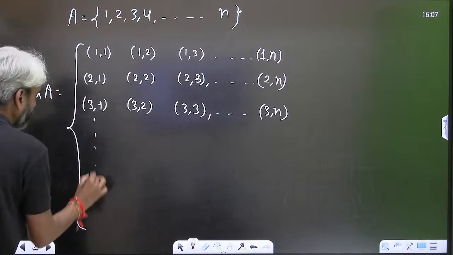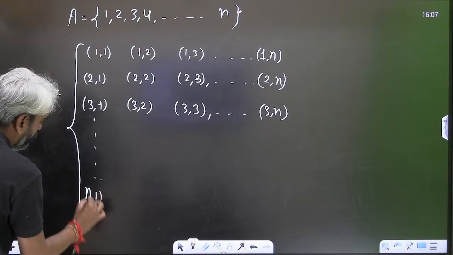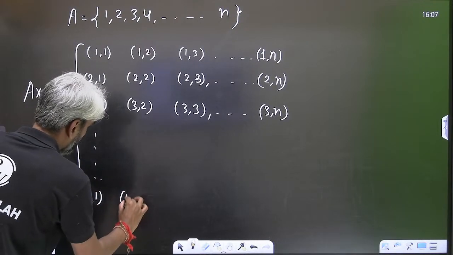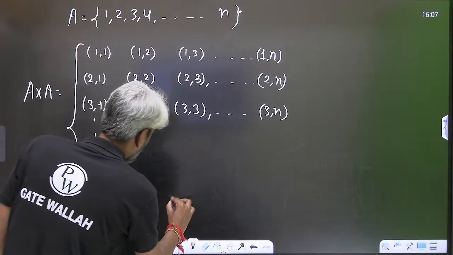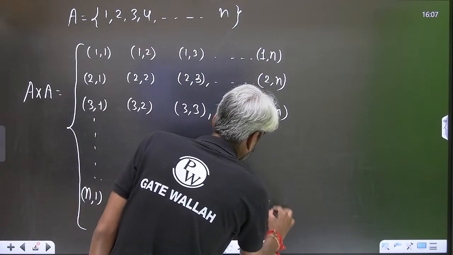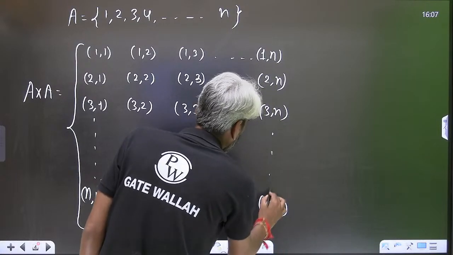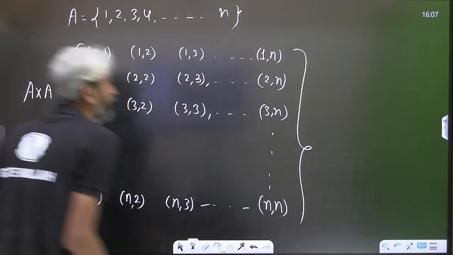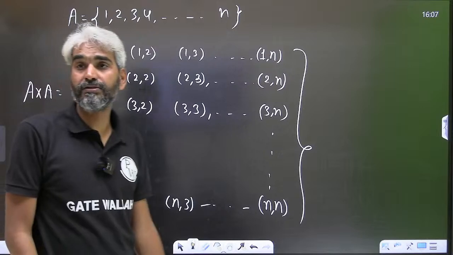And similarly, up to n, n will relate with 1, n will relate with 2, and so on. So this whole set will eventually define the Cartesian product A cross A.